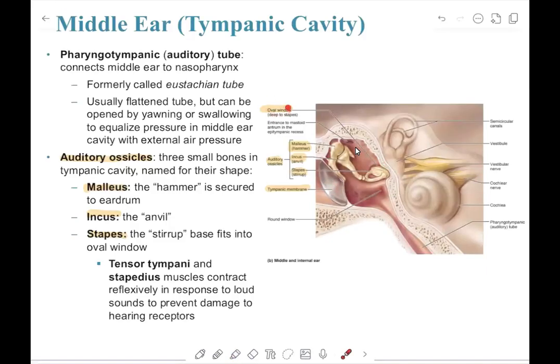And it's the border between the middle ear and the inner ear, which we're going to talk about next. Now, one of the preventative mechanisms that's present in the middle ear is a couple of very small muscles called the tensor tympani and the stapedius. Both of these muscles will contract in response to loud sounds to prevent hearing damage.